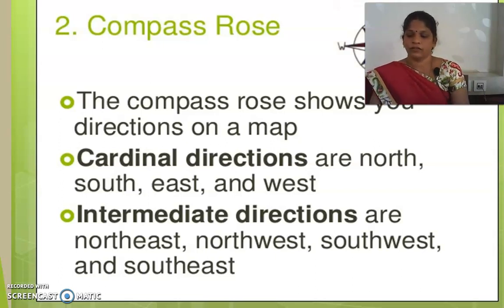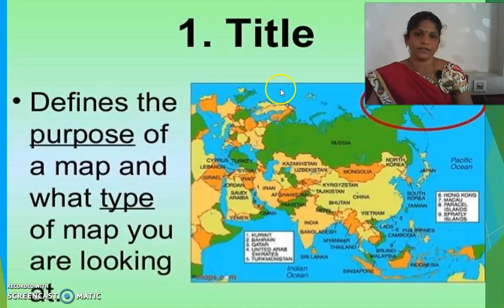Wait a minute. Just take your book. Page number 24. Yes, you go through it. Page number 24, distance, direction. Most maps contain an arrow marked with the letter N in the upper right hand corner. Yes, children, that we saw in the previous map.